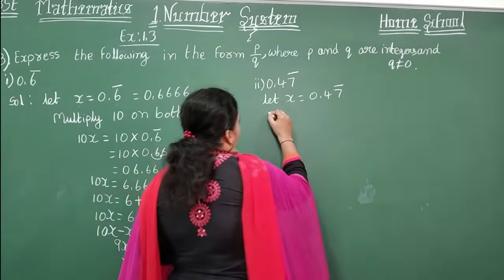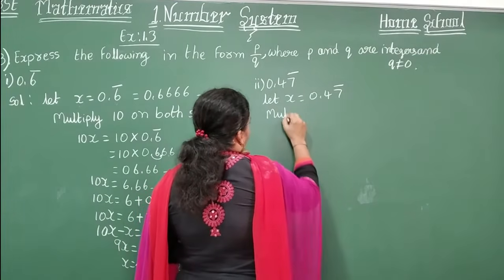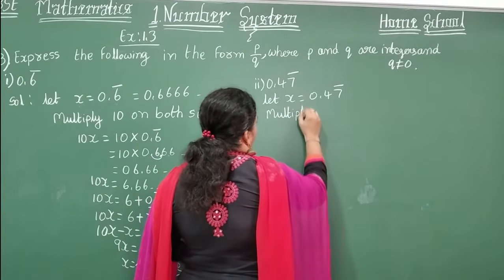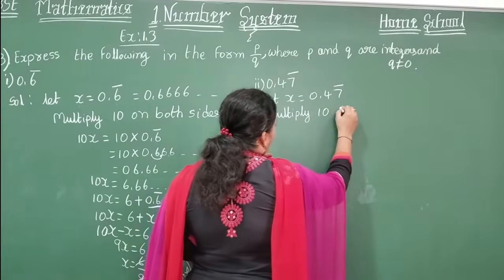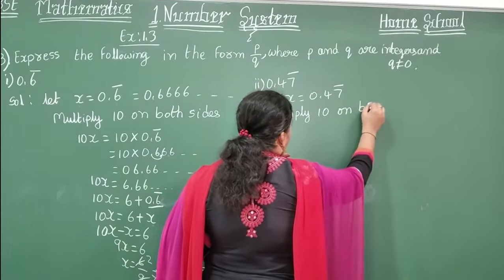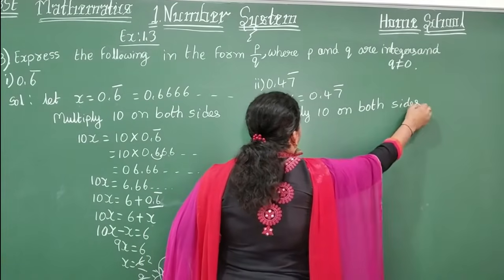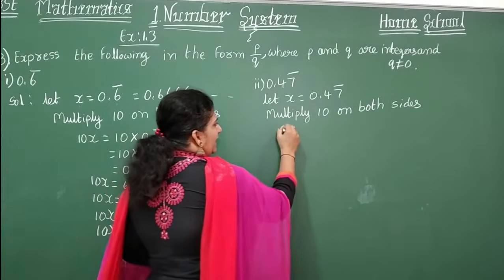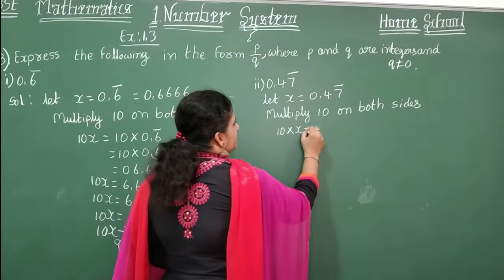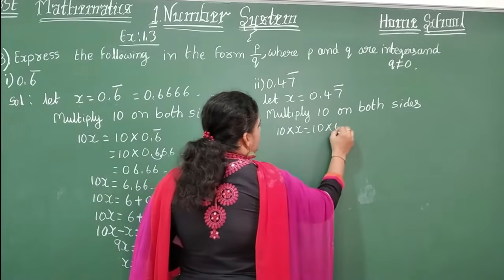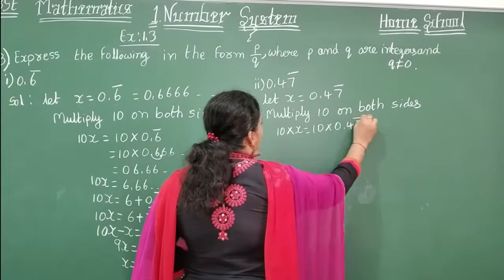So what you are going to do? You are going to multiply 10 on both sides. What you are going to get here? If you multiply 10 into x is equal to 10 into 0.47 bar.